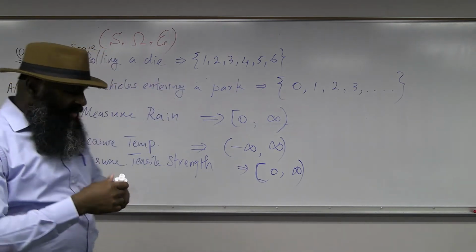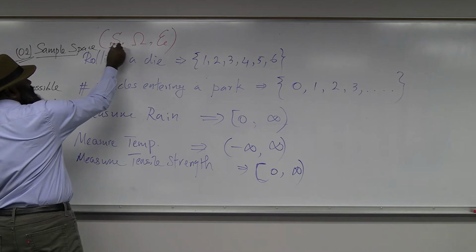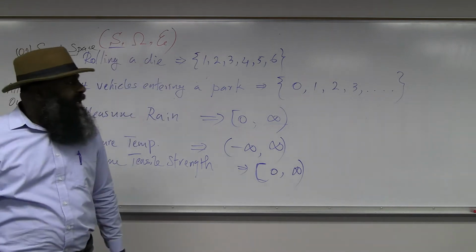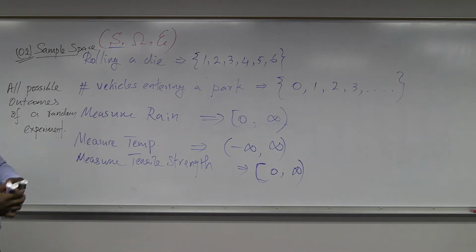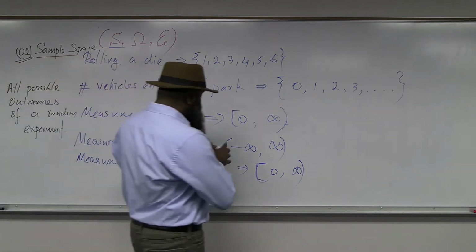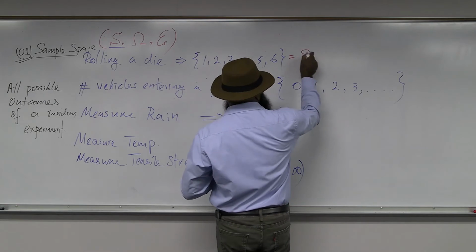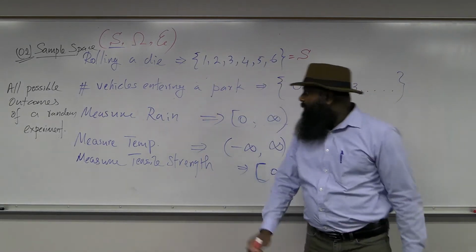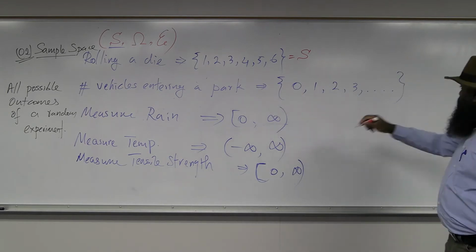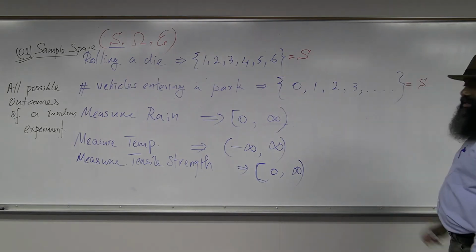But for this class, we'll only use S for the sample space. Okay? So the sample space for the first random experiment, rolling a die, if it has 6 sides, this is my sample space. Okay? So number of vehicles entering a parking lot. This is the sample space, so this will be my S for that experiment.